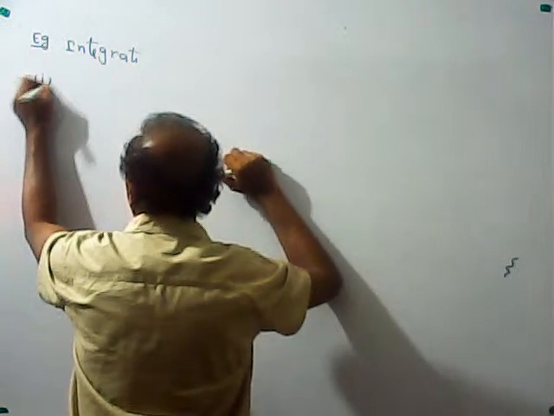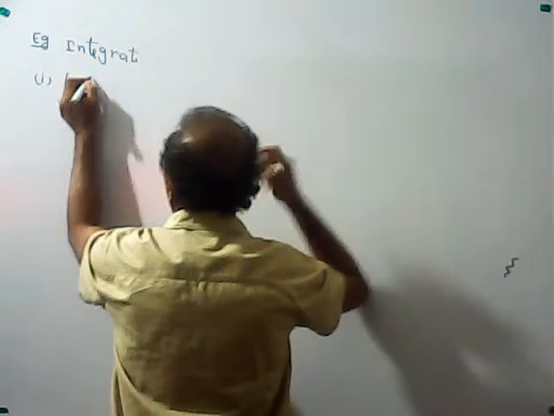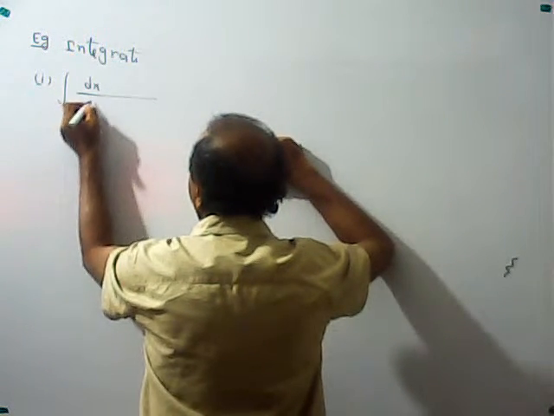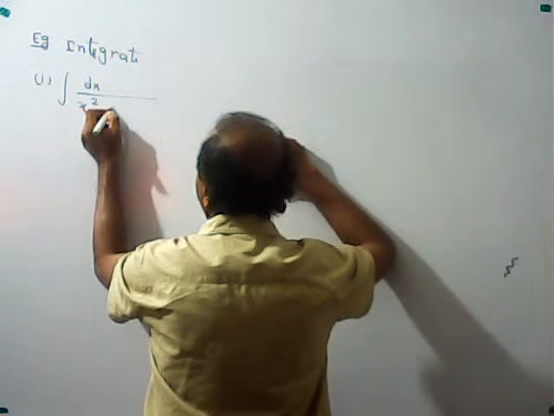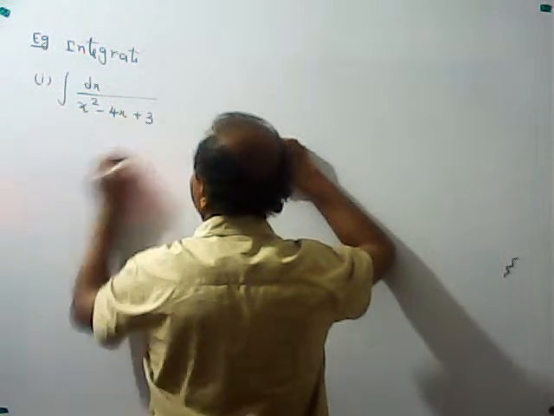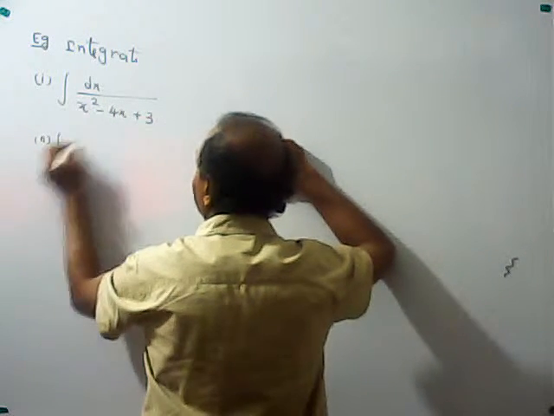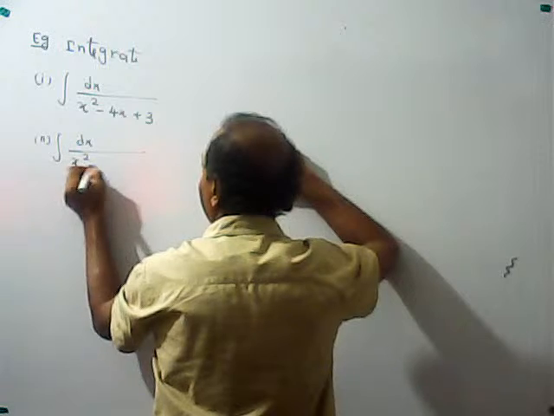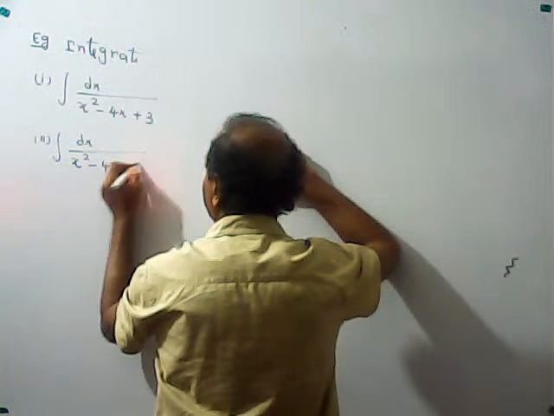Number 1, 1 over x squared minus 4x plus 3. Number 2, 1 over x squared minus 4x plus 4.